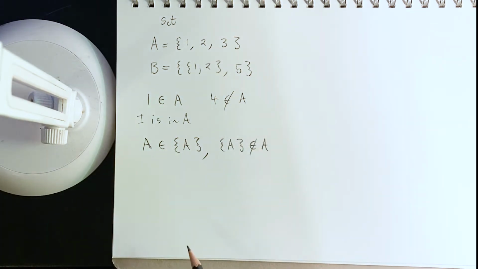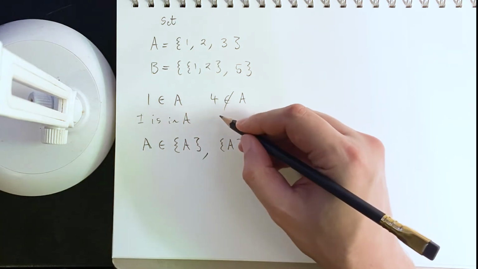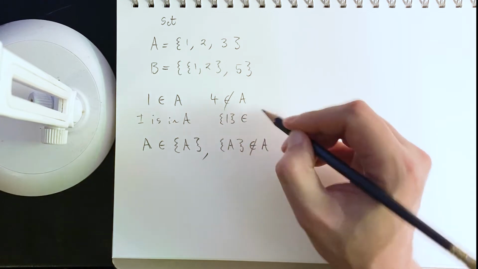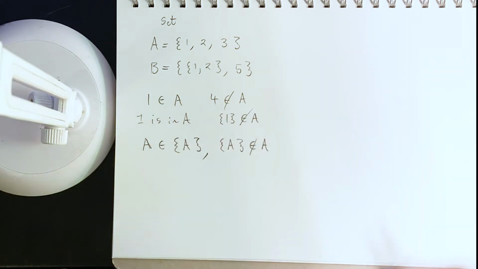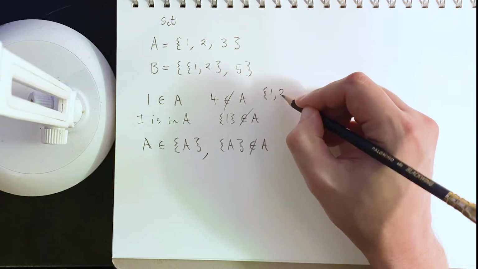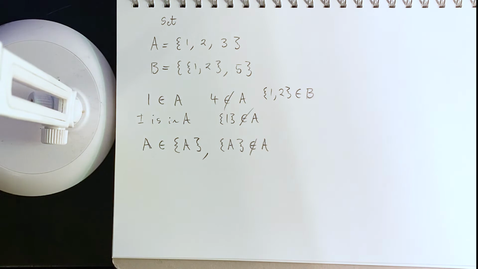So to look back at the example above, we have 1, 2, 3, and 1 is in A. But if I were to make a set with 1, that is not in A. Whereas the set with 1 and 2 is an element of B, as we can see there. Hopefully that sort of makes sense.